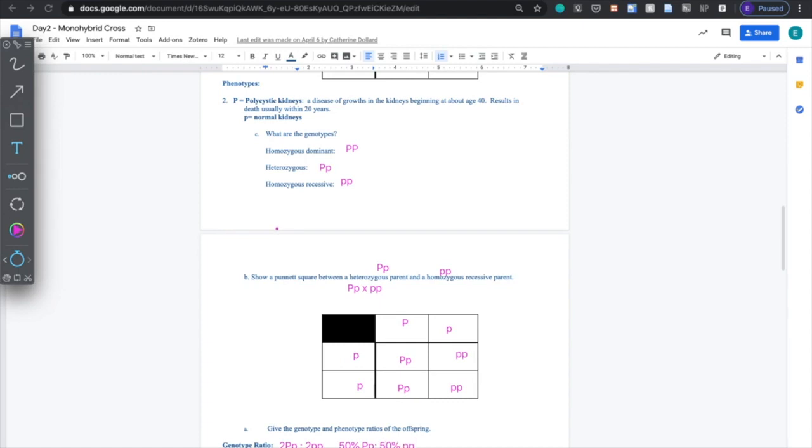That heterozygous phenotype is going to be polycystic, because if there's one dominant, it's going to override. Whereas the recessive is just going to be a normal kidney. So there's 2 polycystic to 2 normal. You can also write this as 50% polycystic to 50% normal.